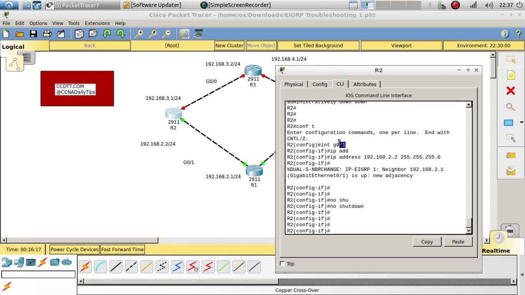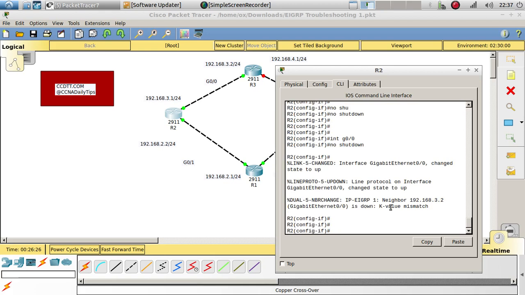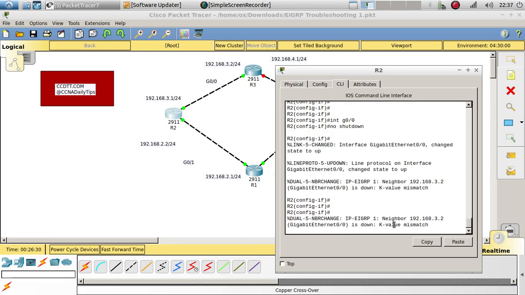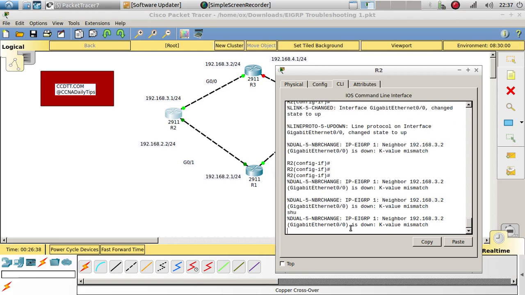Okay, so this is for gigabit 0/1. We're supposed to do it on gigabit 0/0. Now shut down, and we are still getting some K value mismatch over here. Let me shut down this interface.